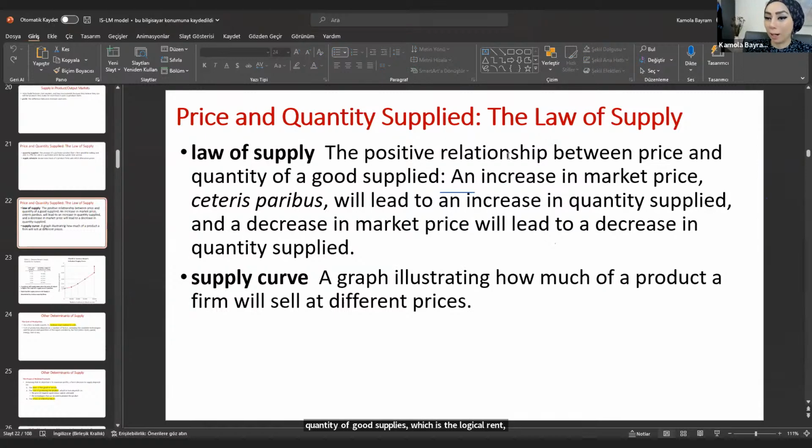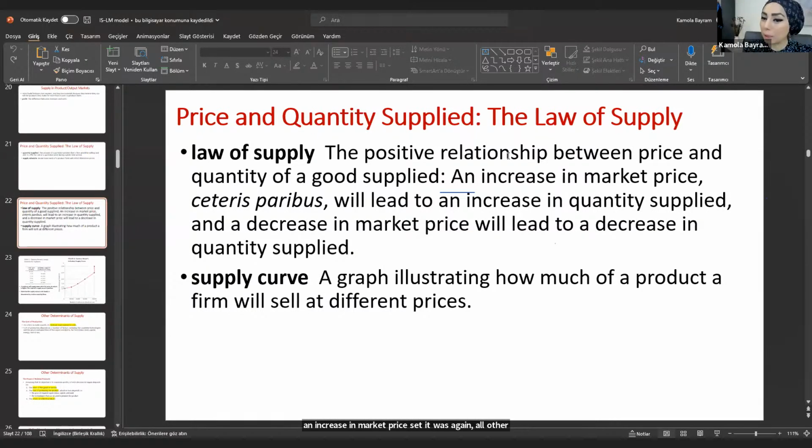Simply that. Because a high price means high revenue for you, which means a higher profit for your company, right? So the positive relationship between price and quantity of goods supplied: an increase in market price, ceteris paribus, all other things being equal, will lead to an increase in quantity supplied.